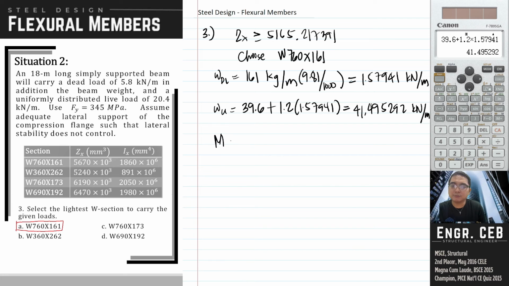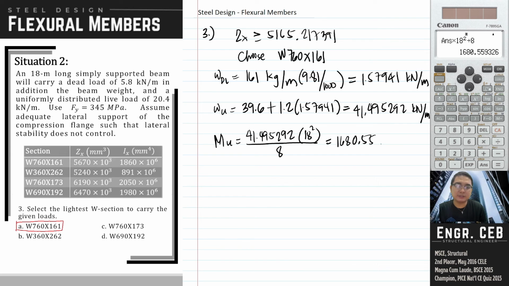Okay, so let us now compute for the new factored moment. We have 41.495292 times 18 squared divided by 8. So the new factored moment is 1,680.559326 kilonewton meter.